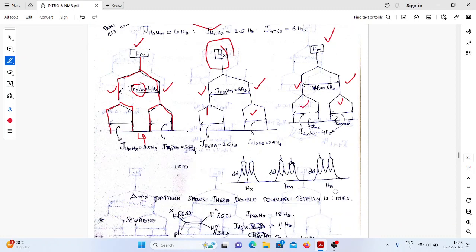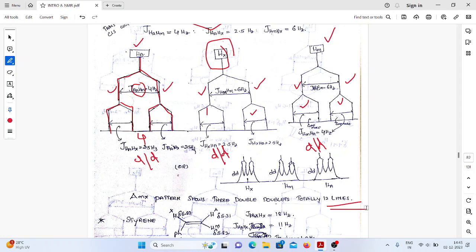So finally, we are going to get a doublet of doublets for the HA proton, that is 4 lines. Again, a doublet of doublets for the HX proton, and a doublet of doublets for the HM proton. So finally, how many lines are we getting in the spectra? 4 plus 4 plus 4, so 12 lines we will obtain in the spectra.